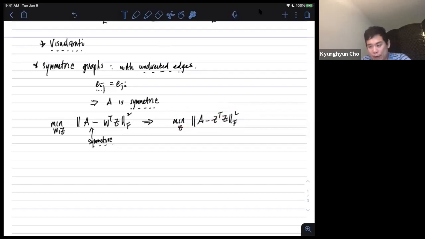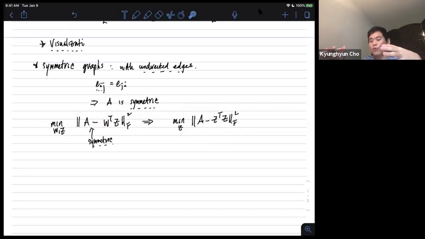So when you have a graph and you know that it's symmetric, the problem that you want to solve is not this one. The problem that you want to solve is this problem where you assign only a single vector to each vertex. Okay, makes sense, right?